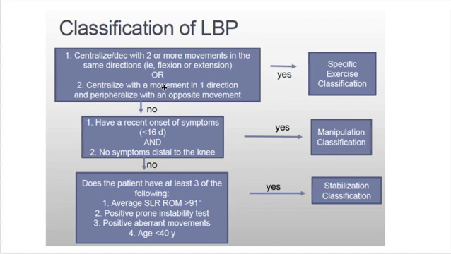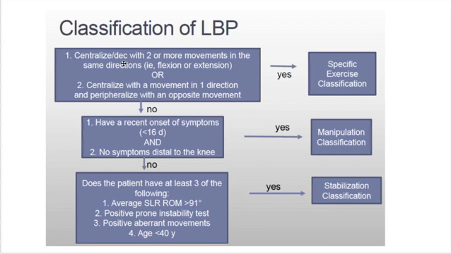So to approach this problem, people get classified into different categories of low back pain treatment. So some patients, it's effective to do a specific exercise category. For other patients, it's more effective to do manipulation. And for other patients, it's more effective to do stabilization types of exercises.